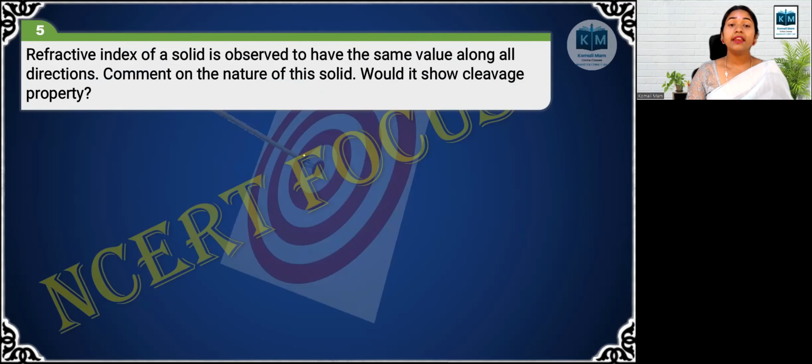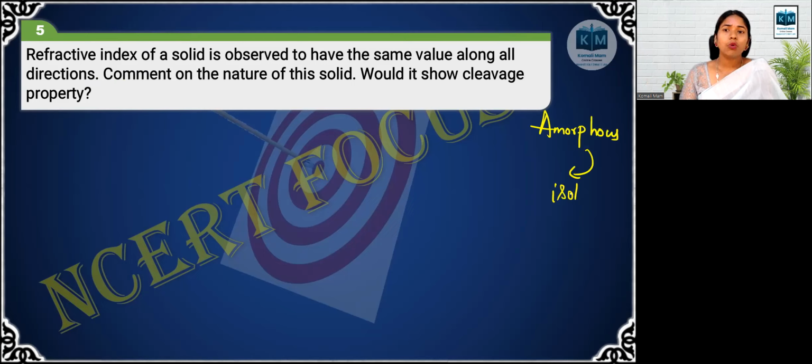Next question. The refractive index of a solid is observed to have the same value along all directions. Comment on the nature of this solid. Would it show cleavage property? The meaning of this is that amorphous solids have the same physical properties in all directions, because amorphous solids are isotropic in nature.